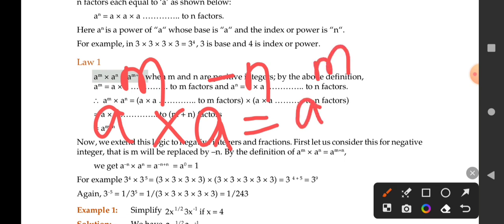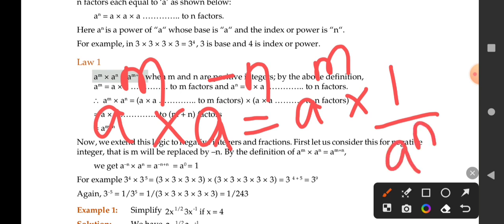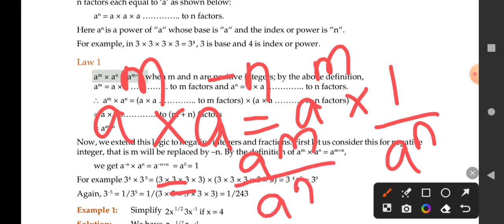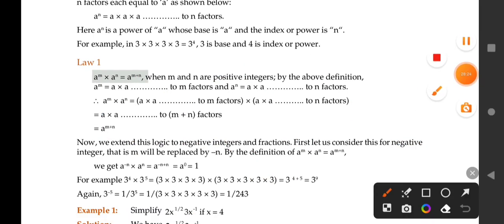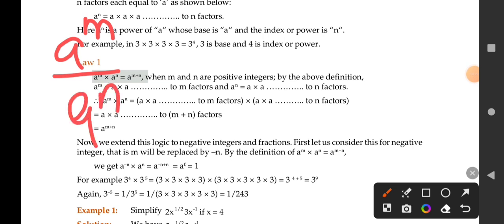A power m into 1 divided by a power n. So what does this mean? A power m divided by a power n. What is our simplification? Let's see with an example.